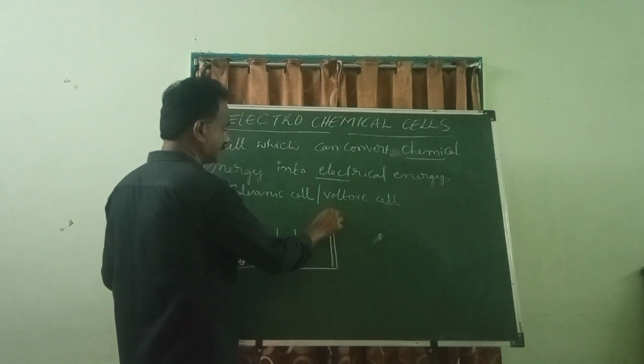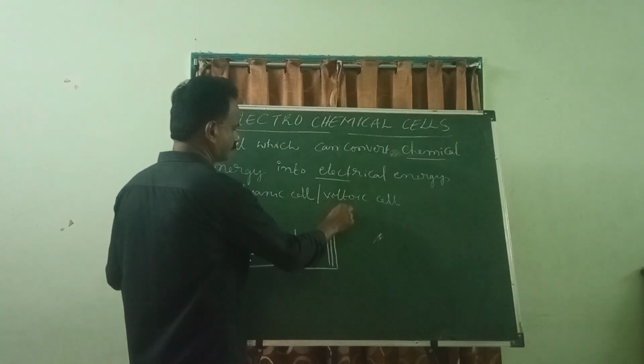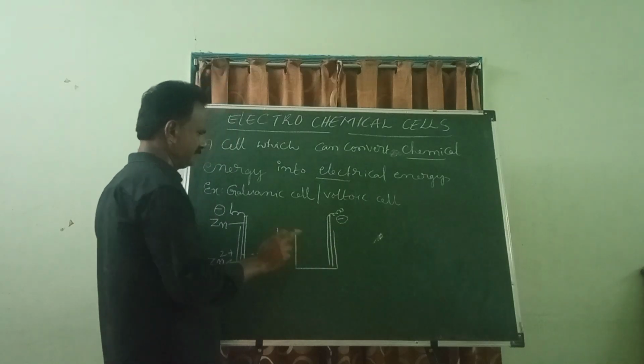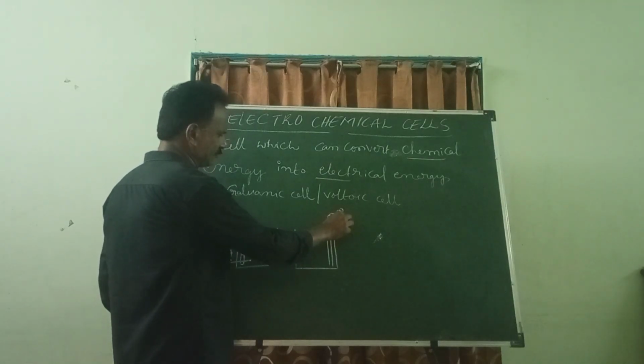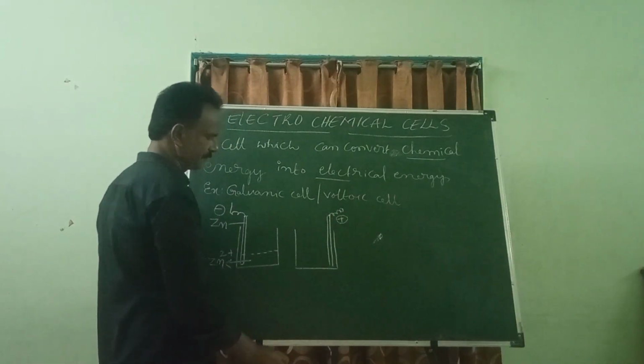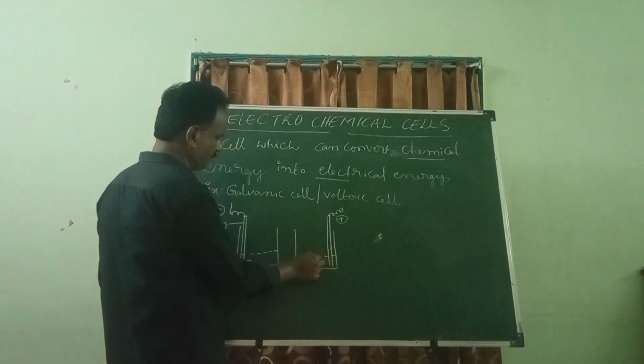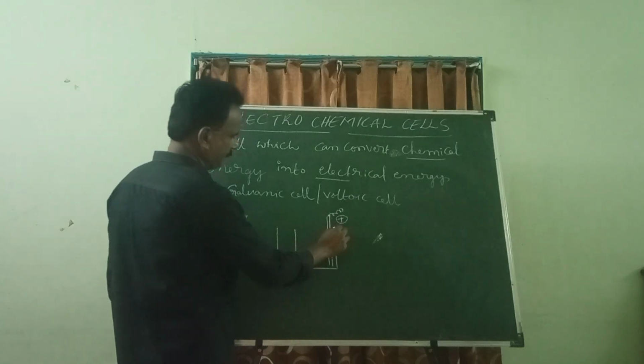Cathodic half cell consists of copper rod as cathode. Here the cathode is denoted by plus. In case of electrochemical cells, anode is denoted with minus, cathode denoted with plus.